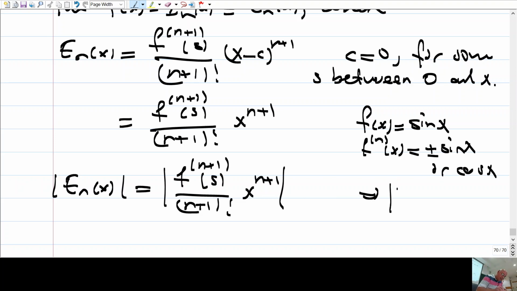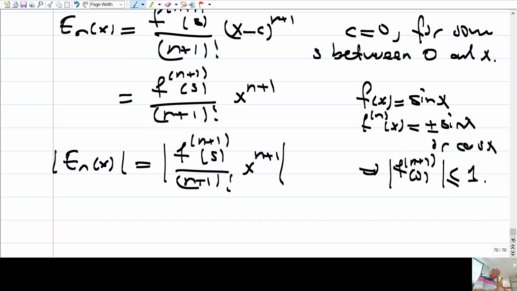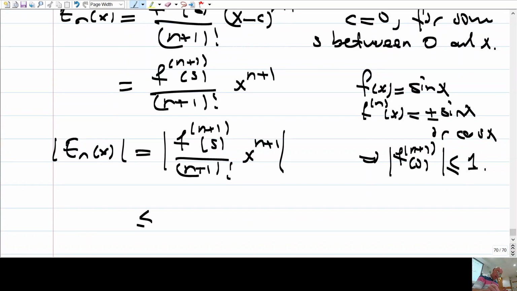So this means I can just replace this term by 1. I'll get something bigger: absolute value of x to the power n plus 1 over n plus 1 factorial.